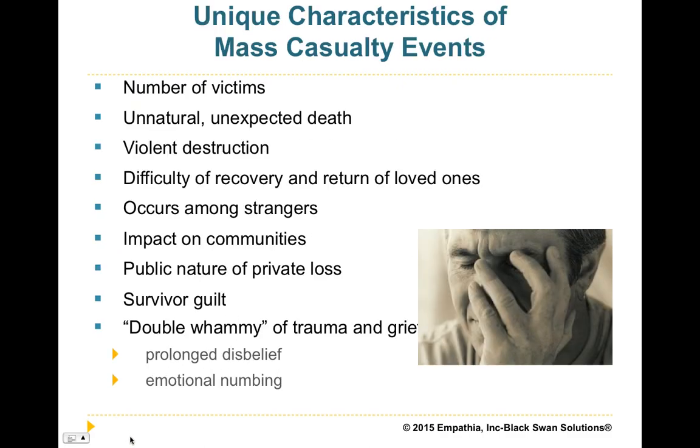Just want to speak to you about the unique characteristics of these types of events. So think about losing someone that you love and then applying some of these characteristics to that situation. First of all, just in sheer volume, these events tend to be very violent in nature.